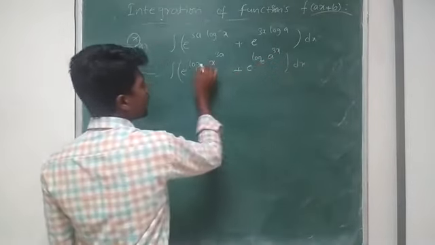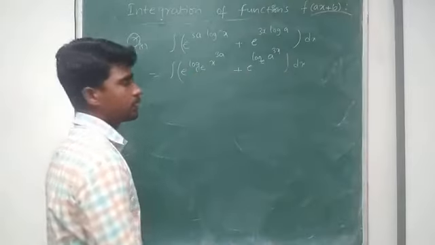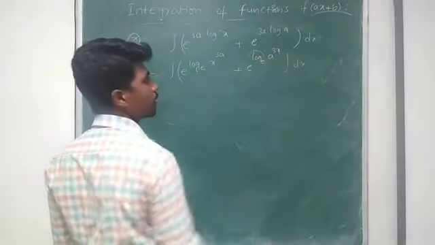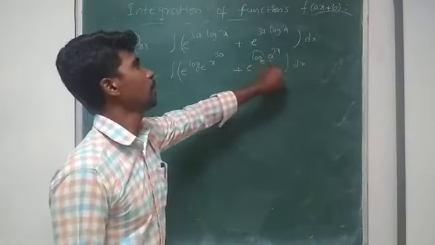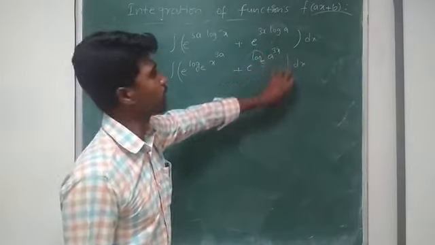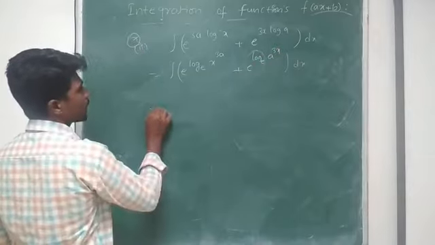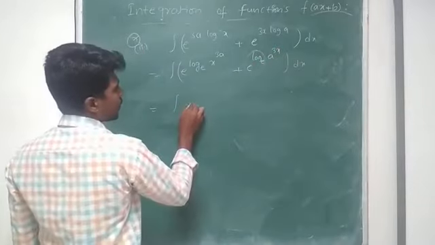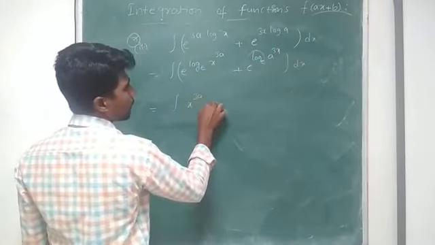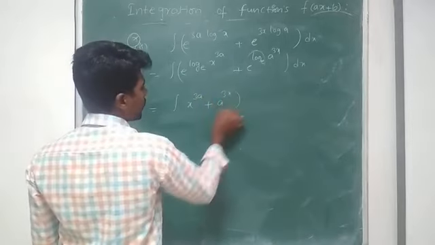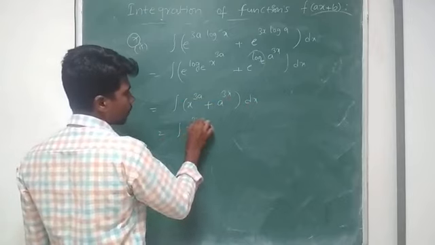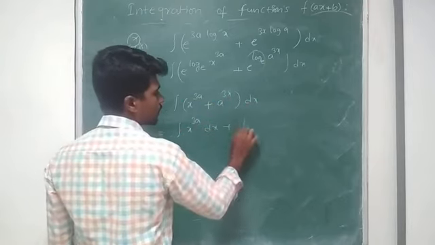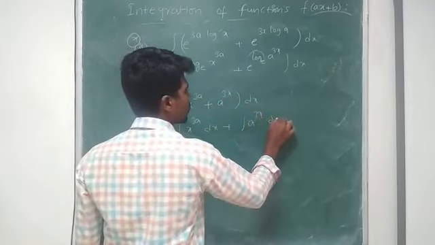The base is e, so whenever the base and the base of logarithm are equal, we get the number as answer. So we get this particular thing as integral x to the power of 3a plus a to the power of 3x dx. So integral of x to the power of 3a dx plus integral of a to the power of 3x dx.